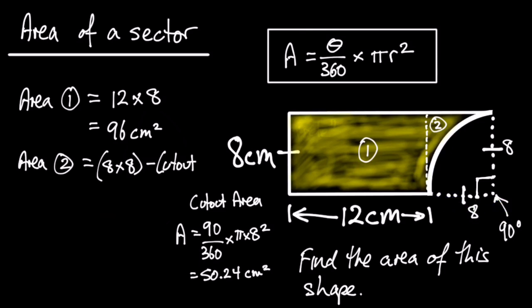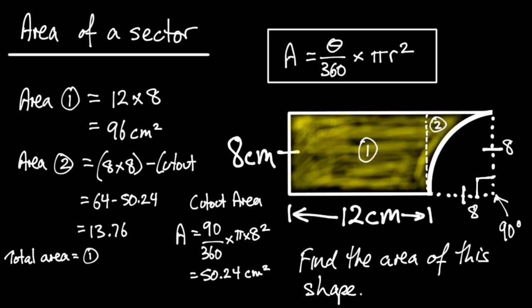The cutout bit, or the bit that's been bitten off or cut off, is 50.24. So the area of section 2 is the entire square, 8 times 8, minus that cut off bit. So I get 64 minus 50.24 means the area of section 2 is 13.76.